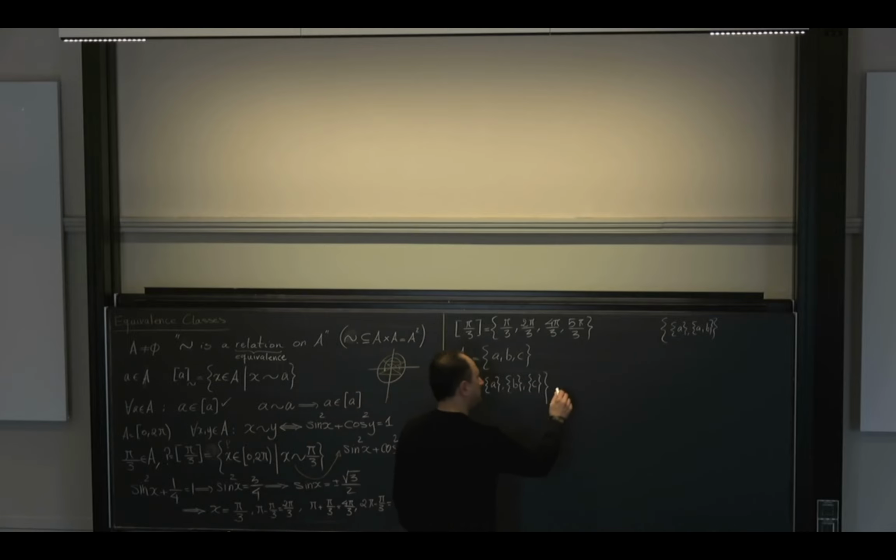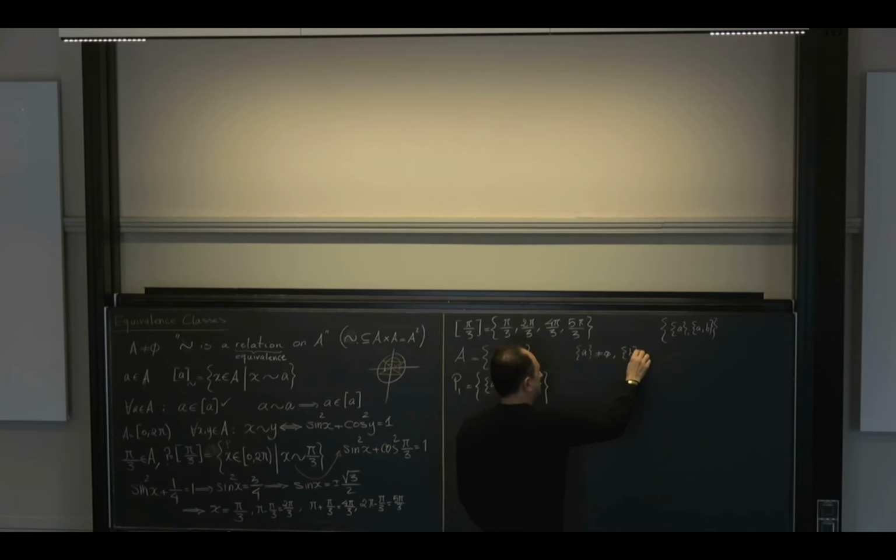So if you want to really write this, this is not empty, this is not empty, this is not empty. But the intersection between these two, or these two, or finally these two are all empty.